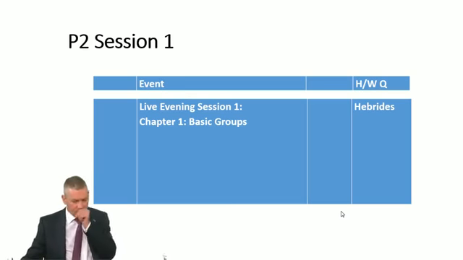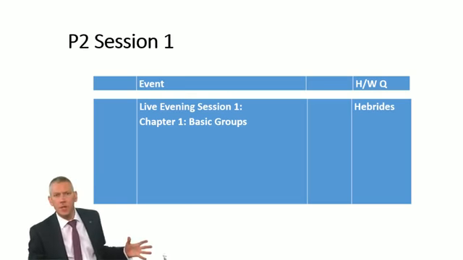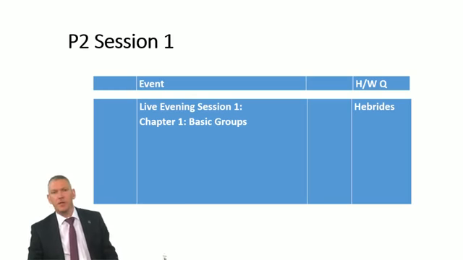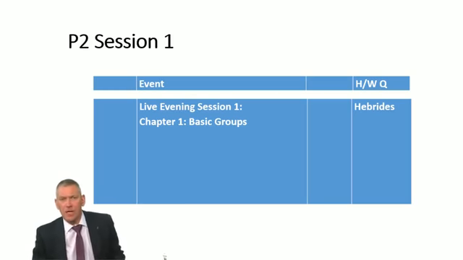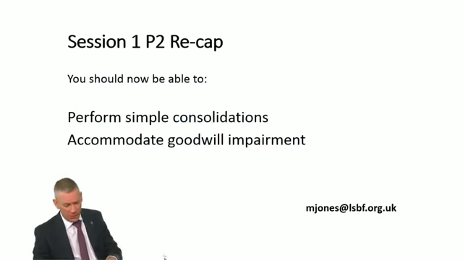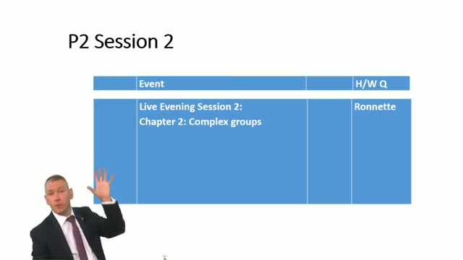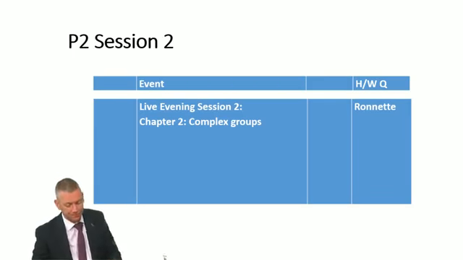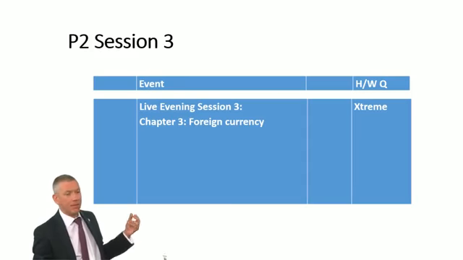There we go. So we're on session 5. But as you know, I like to just remind you of what you have done so far and build. On the first session, first afternoon, we did basic groups, and we followed that up with complex groups, you know, parent by sub, sub by sub, sub. By the end of session 2, pretty much all of the major groups issues were covered.